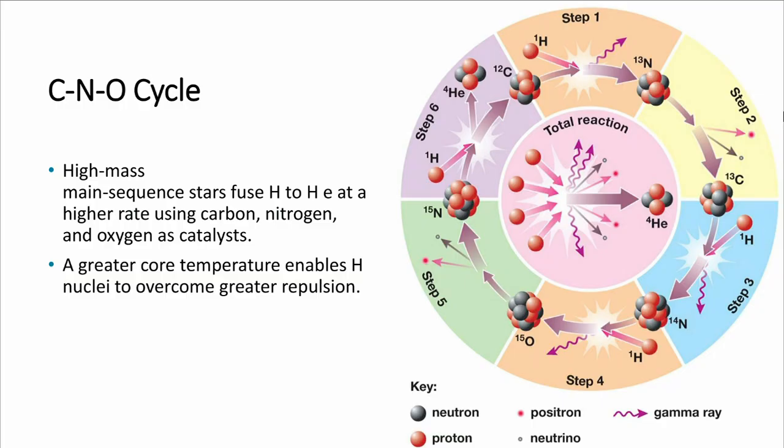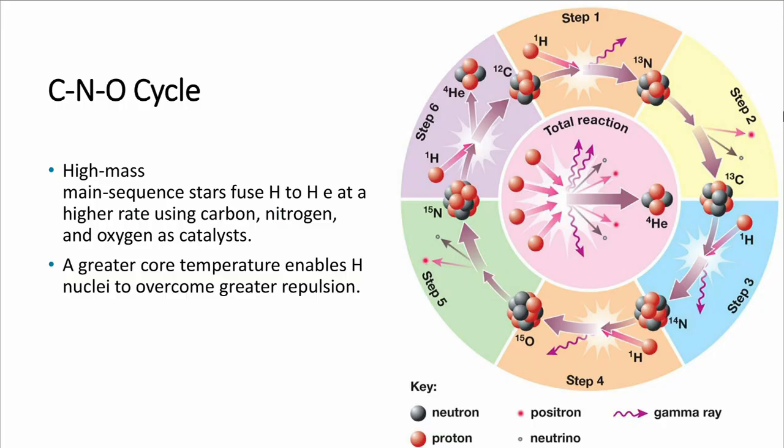This will only work if you have carbon, nitrogen, and oxygen already in your star. But if you have those elements, then the total reaction is still your 4 hydrogen or 4 protons fusing to make helium and getting a bunch of gamma rays out and positrons and neutrinos. But instead of doing the proton-proton chain way, we have the CNO cycle.